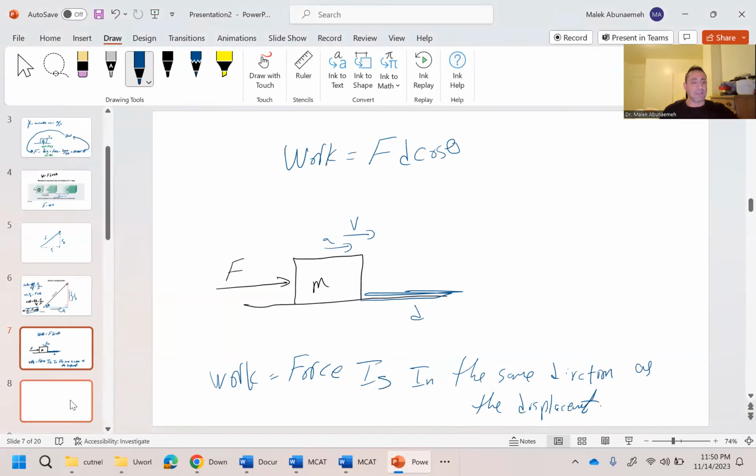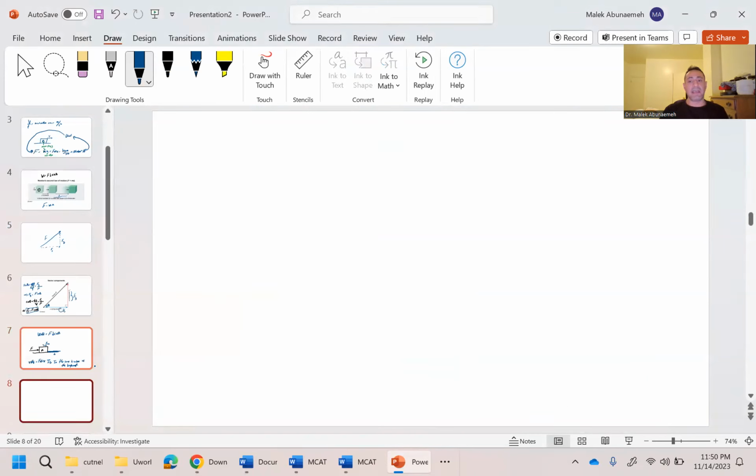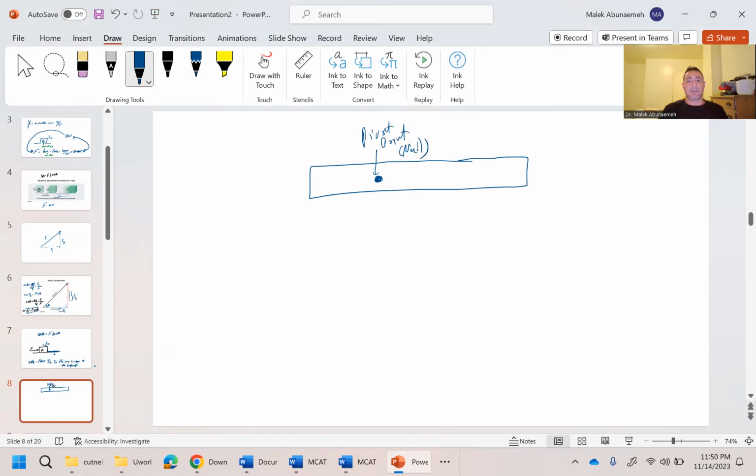Now, supposedly, let's say I have a ruler. Let's say I put a little nail right over here. I'm going to call this nail the pivot point or the main axis. Now, what would happen if I put a force on it that way?